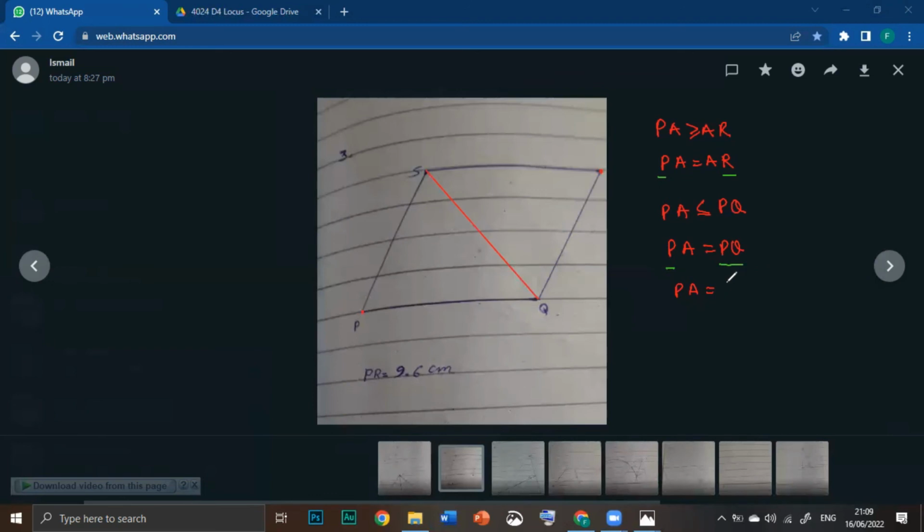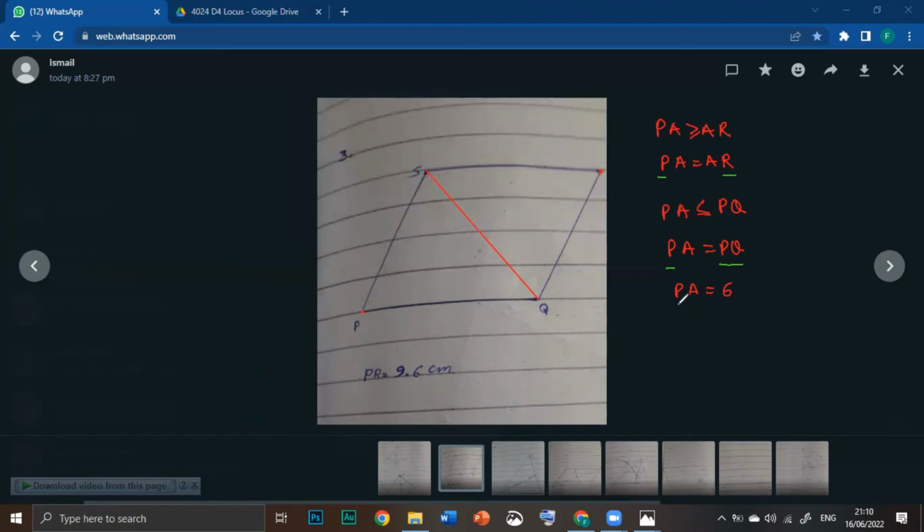Sir, let me check, one second only. Yes, sir, it is 6 centimeters. Yes, PA is equal to 6 centimeters.